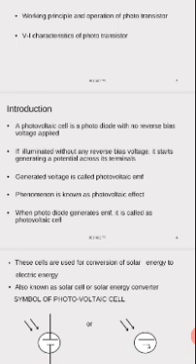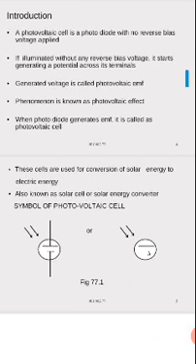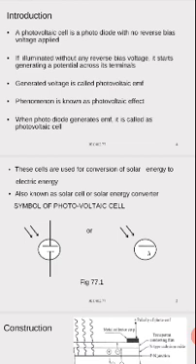Symbol of photovoltaic cell. Here symbol is shown in the figure, that is having one positive plate, negative plate inside the circle, and the light is falling on that.